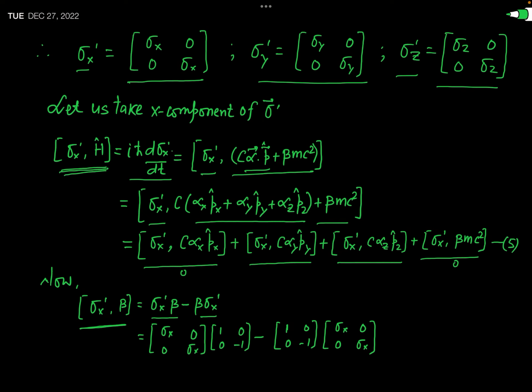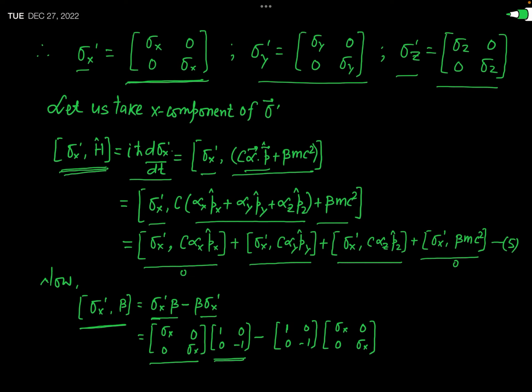Now, from the definition, sigma x dash is the matrix sigma x, 0, 0, sigma x. So I have written here this matrix. In the previous lecture, we defined the Dirac matrices, and the Dirac matrix beta is equal to the matrix 1, 0, 0, minus 1. So in place of beta, I have substituted this matrix.